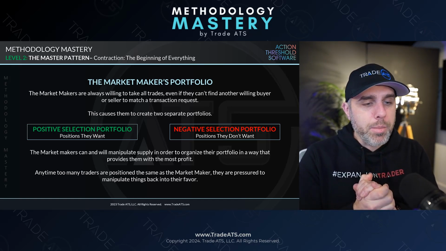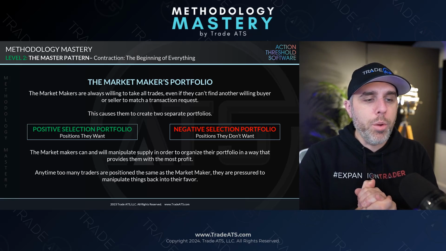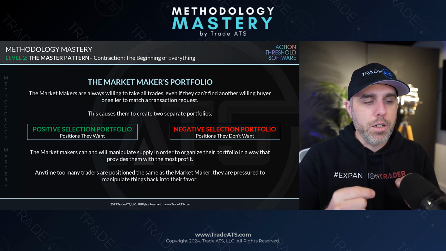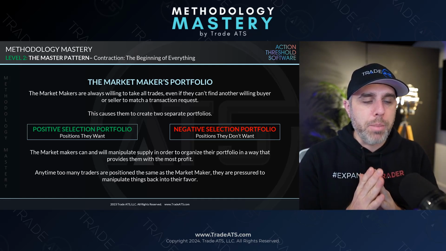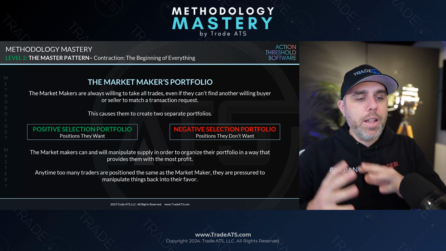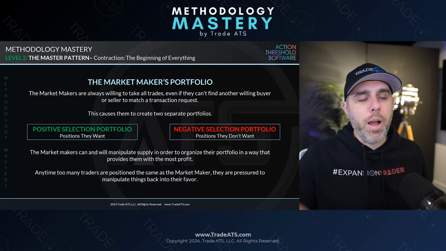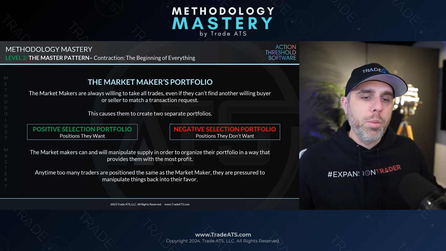But the problem is, if they legitimately know the market is going to go higher, as they are not able to organically match all the buyers and sellers, they end up becoming net the opposite. So in this case, if there's a huge buying demand, they're becoming more and more net short. That causes a problem because if the market really truly is going to go up, they've got to unwind this somehow. And so that's where we end up with our positive and negative selection portfolio.